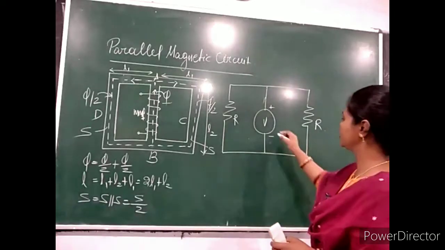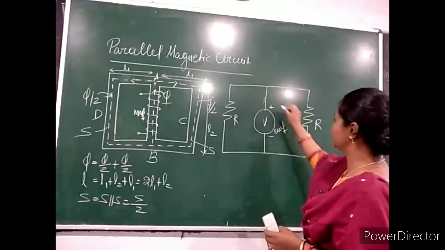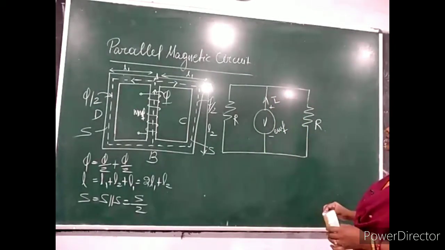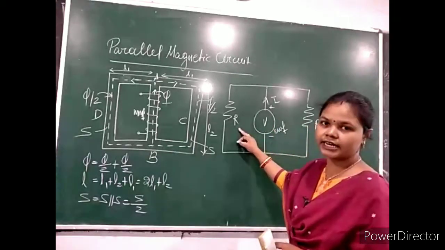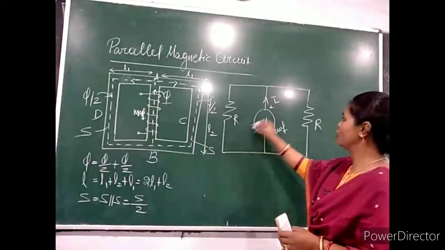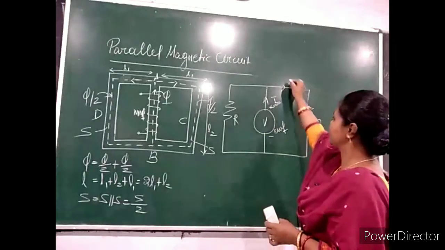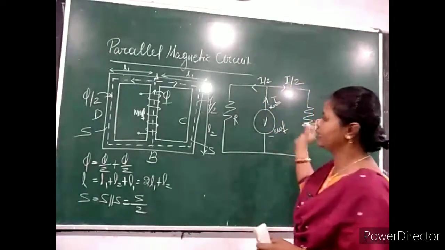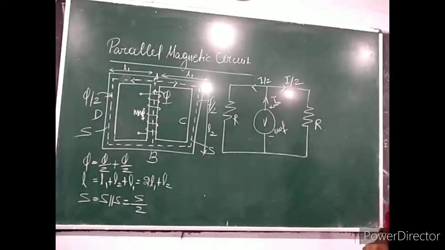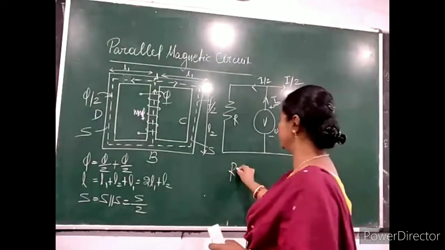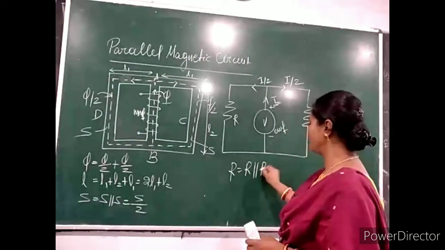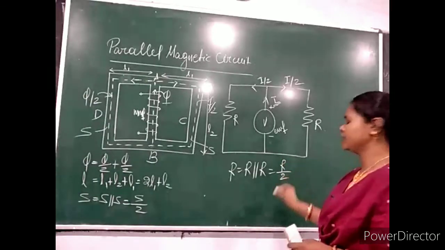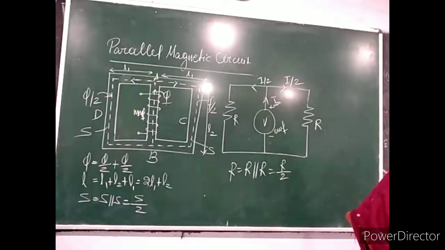So due to this EMF, the total current I is flowing through the circuit, and as these two resistors which are connected in parallel are equal, this total current is equally divided into two paths. The total resistance of the circuit is the parallel combination of these two resistors, which is half of the resistance of each path.